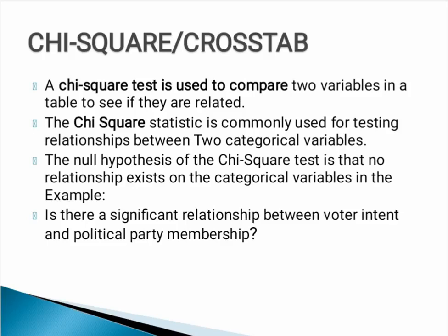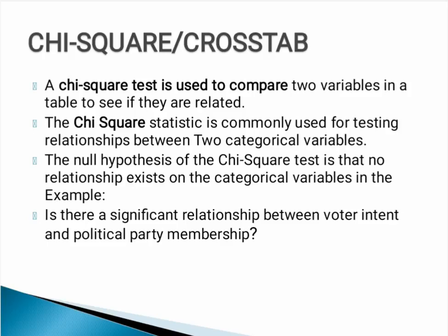So we develop two types of hypothesis: null hypothesis and alternate hypothesis. The alternate hypothesis, denoted by H1, states that there is a relationship between two categorical variables.